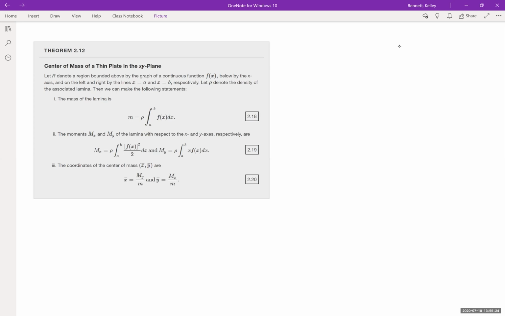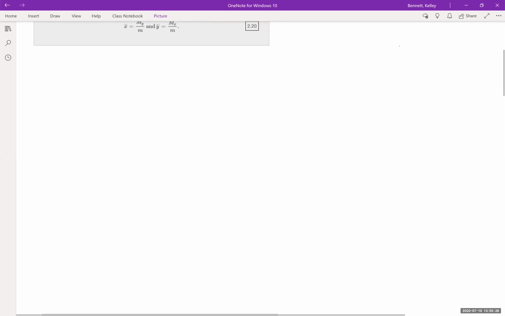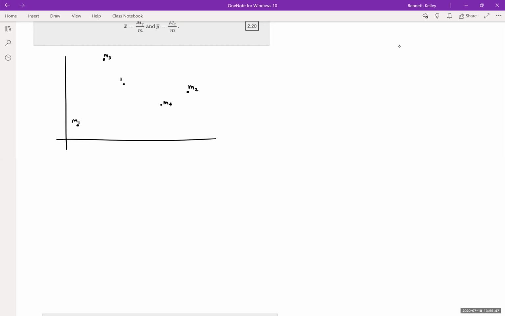So to begin with, if we just consider that we have a system of masses here, say we have M1, M2, M3, M4, M5, whatever. So we just have some bodies in space.